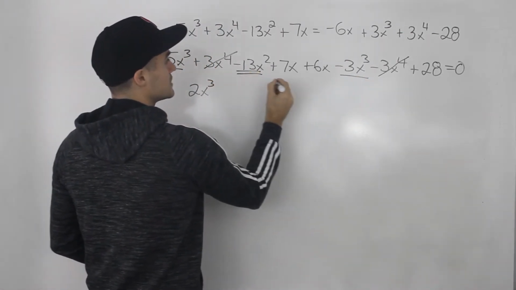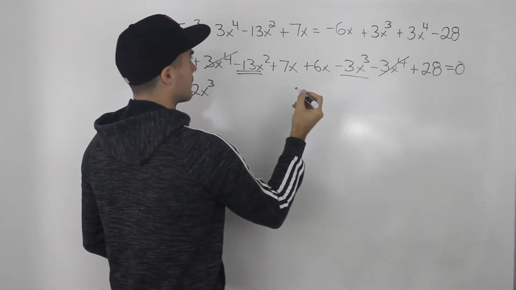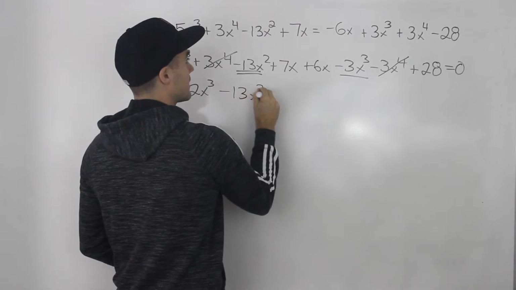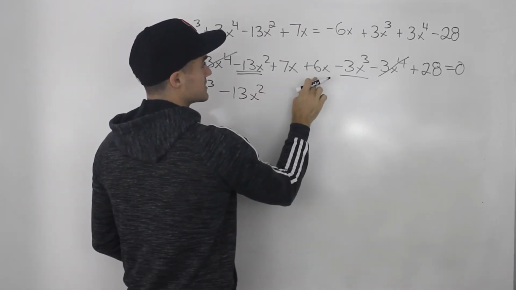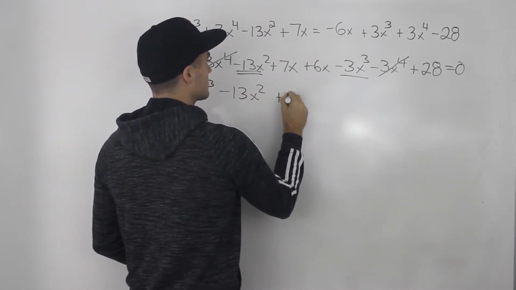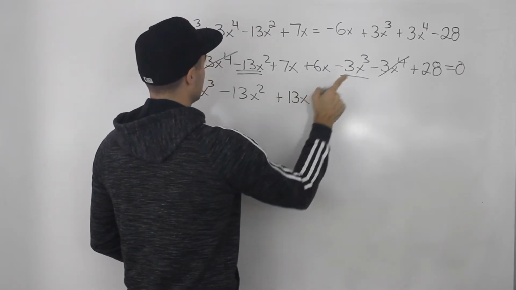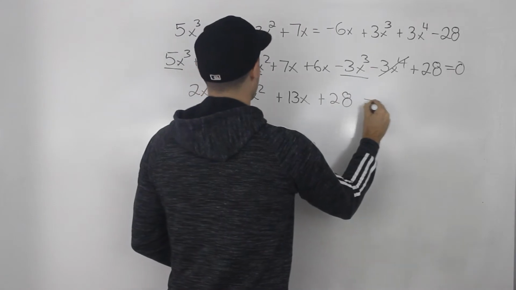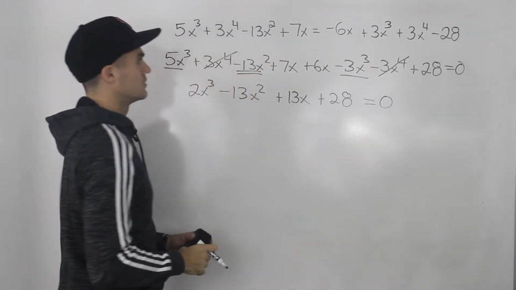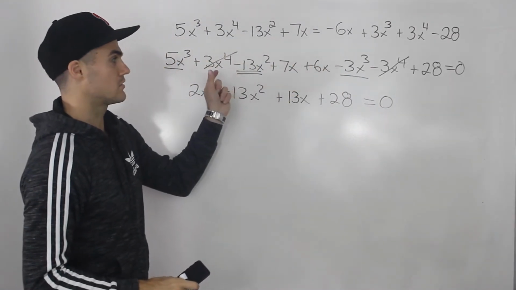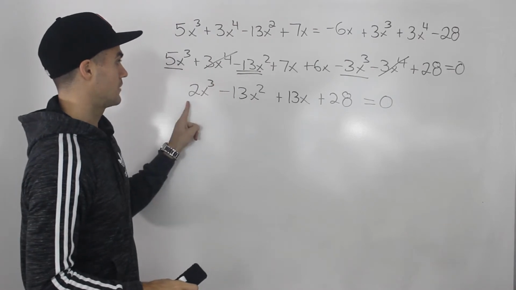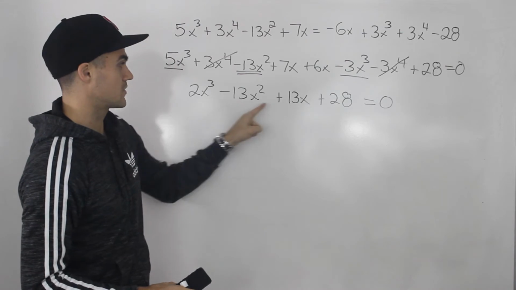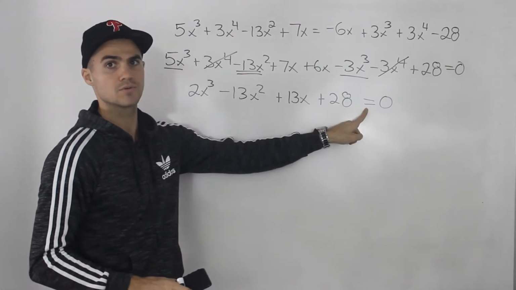We got negative 13x squared, and that is the only x squared around, so we'll just leave that as is. 7x plus 6x gives us 13x, and then this 28 is by itself as well. All right, so we took everything, brought it over to the left side, and simplified all the like terms, and now we're left with 2x cubed minus 13x squared plus 13x plus 28 equals 0.